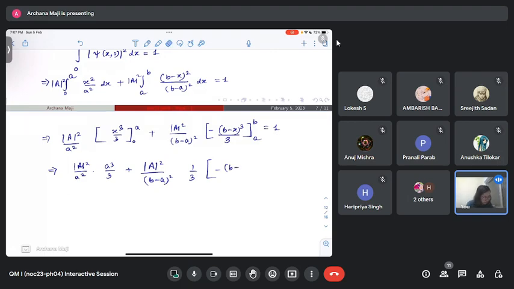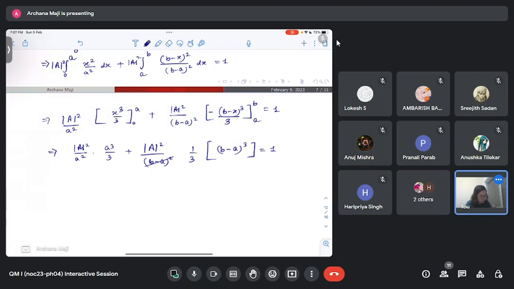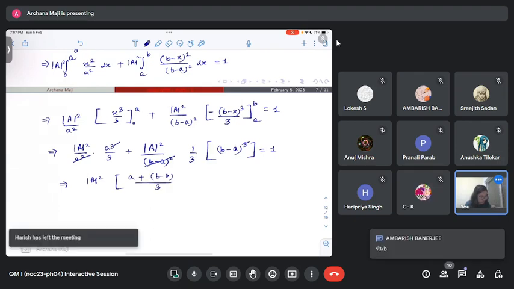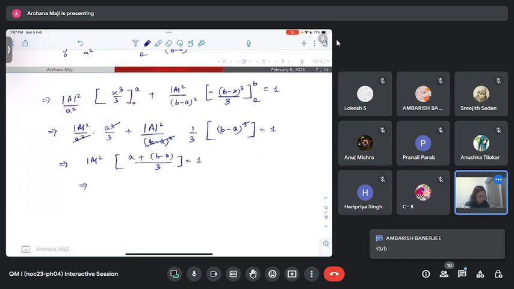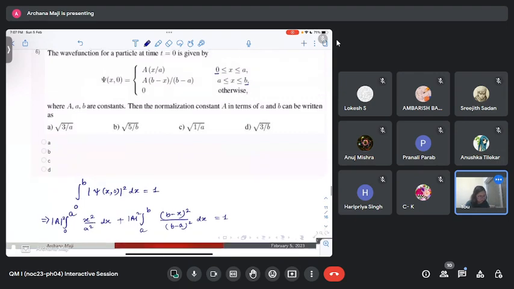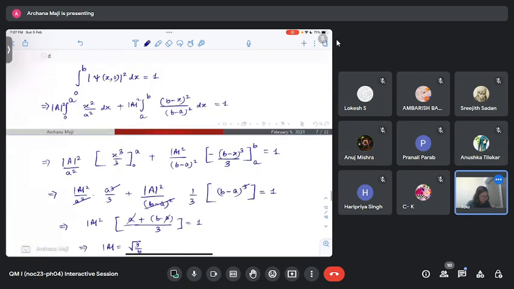When I substitute b it will be 0, and for a I will get (b minus a) whole cube, correct? So mod of A square times (a plus b minus a) over 3 is equal to 1. Yeah, correct. Square root 3 over b is the normalization constant. Square root 3 over b, so option D.